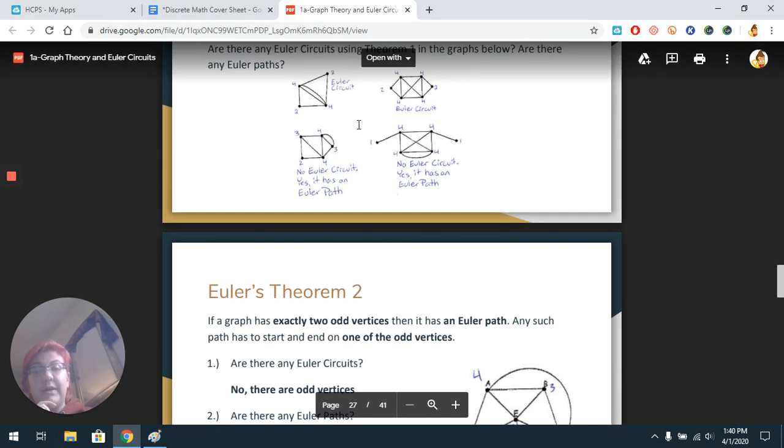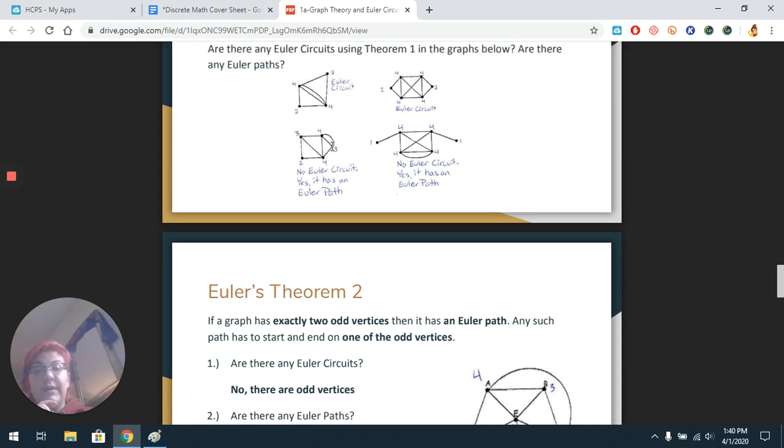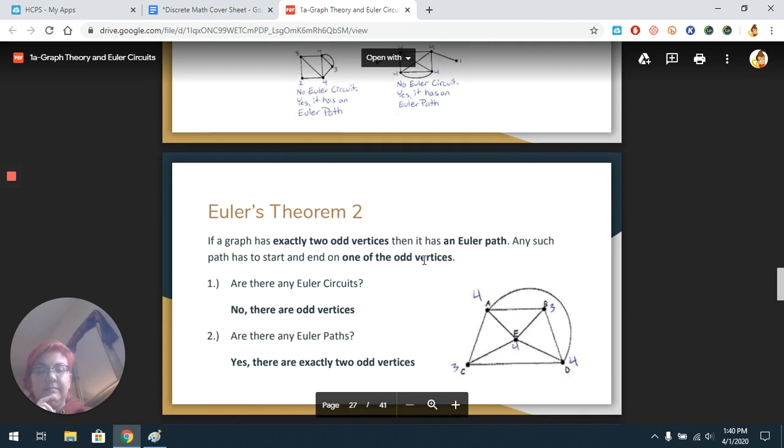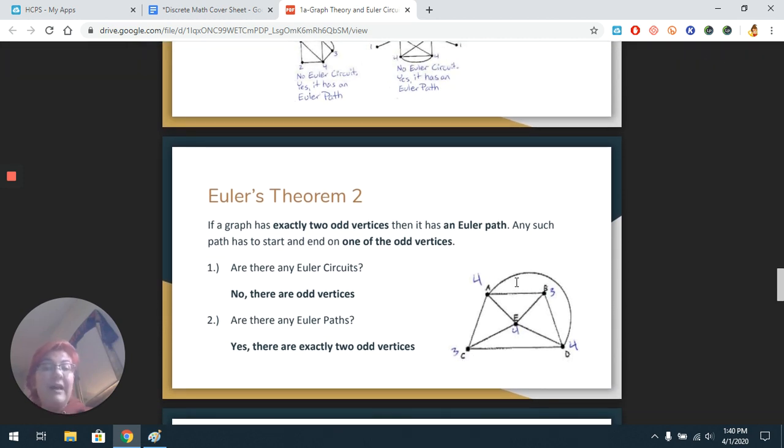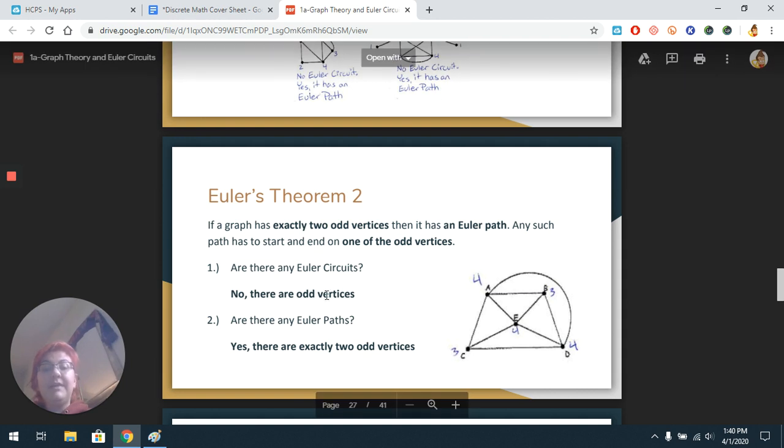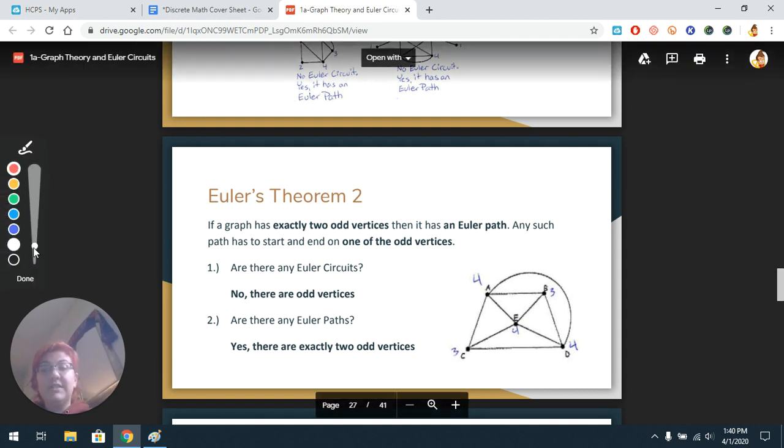Did you notice that's what I did up here? I started at 3, I ended at 3, and here I started at 1 and ended at 1. So here, do I have any Euler circuits? No. I have odd vertices. No Euler circuit exists. However, there is an Euler path because there's exactly 2 odd vertices.